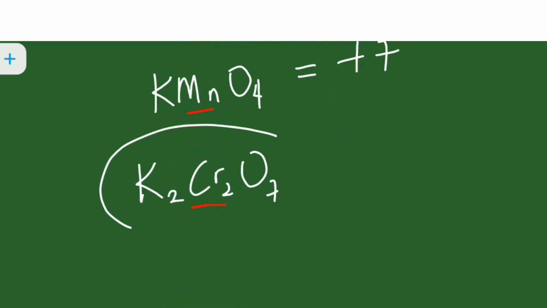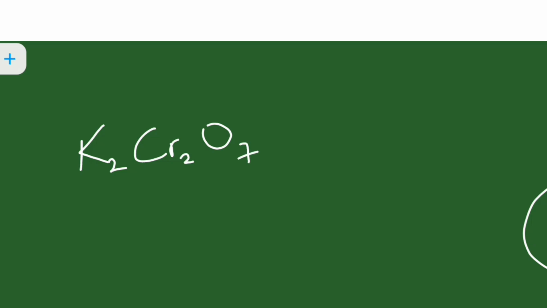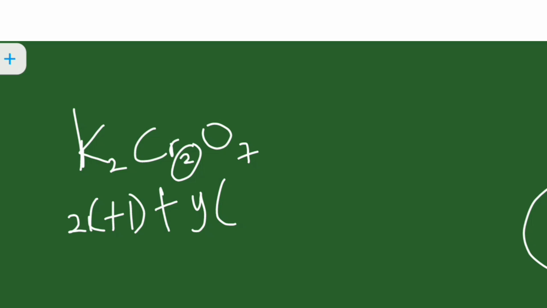Then for this last one, you have K2Cr2O7. You're looking for the oxidation state of chromium, that is Cr. Your normal potassium is +1. There's no charge here, so everything must be equal to 0. So you have 2 into +1 plus, let your chromium be Y. But you see 2 here, so you must multiply it with it.